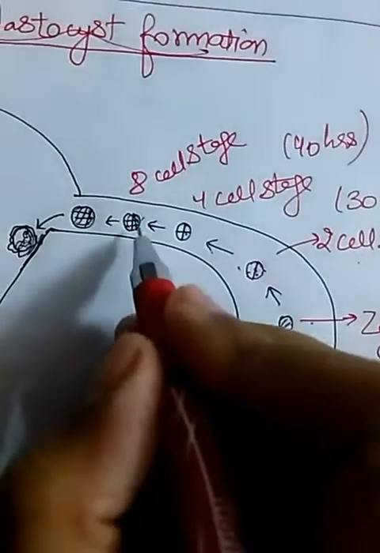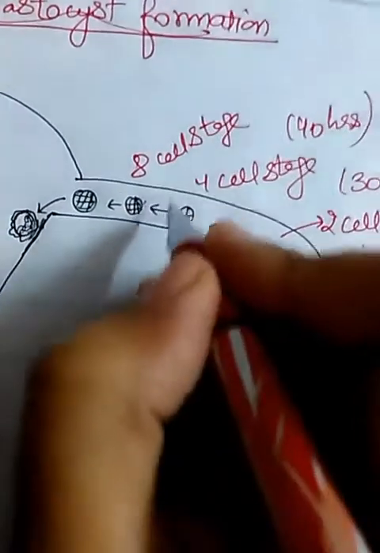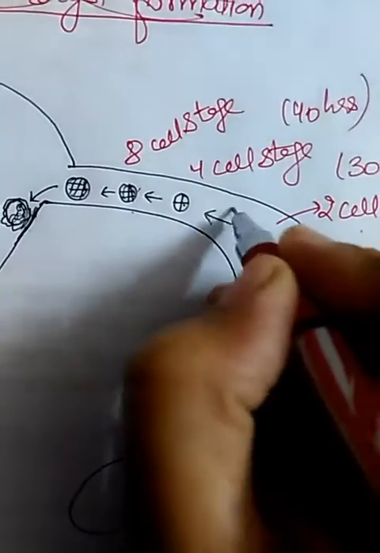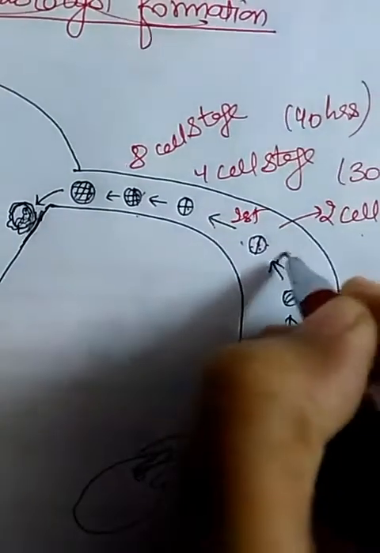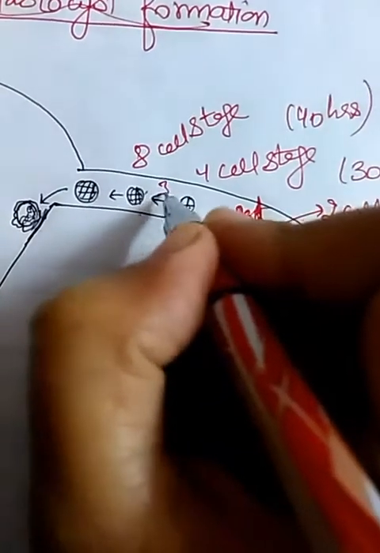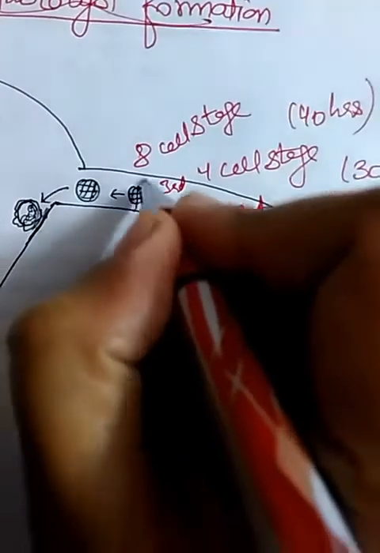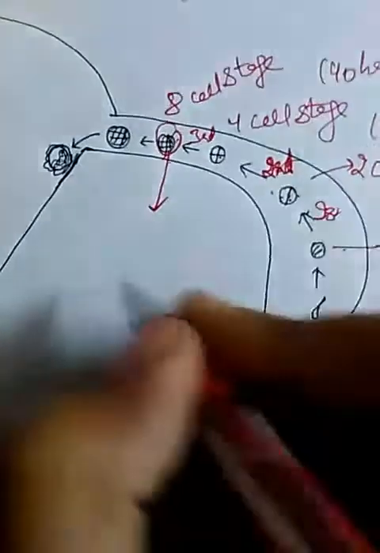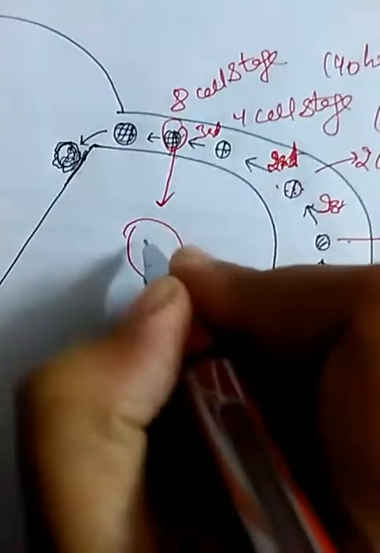Okay, this is the first cleavage, this was the second cleavage, and this is the third cleavage. After reaching the 8 cell stage, what happens?